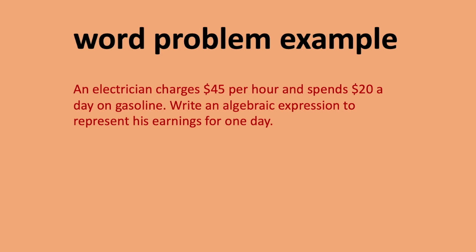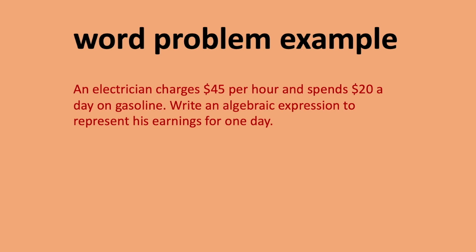At everyone's house, he charges $45 per hour. But we don't know how many hours he is working that day. But we know that he will get $45 for every hour that he works. And then at the end of the day, after driving around everywhere, he has to spend $20. So $20 of the money that he earned is taken away.